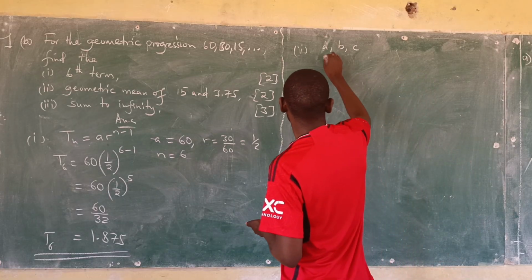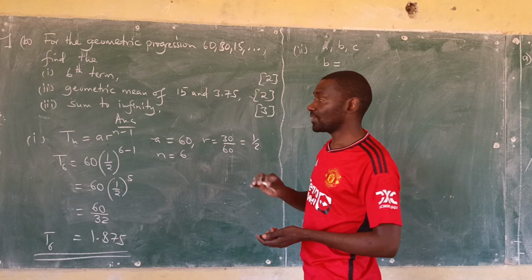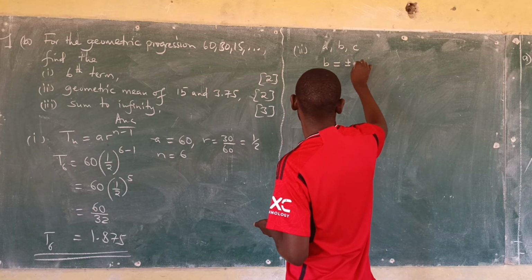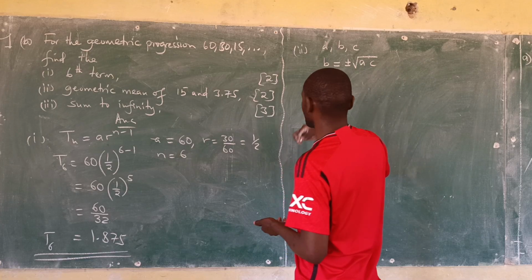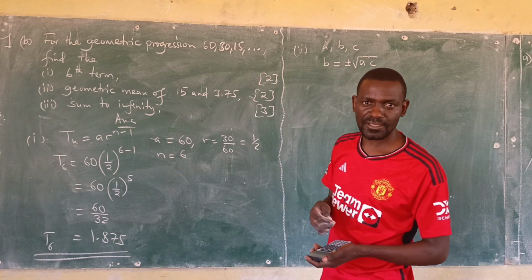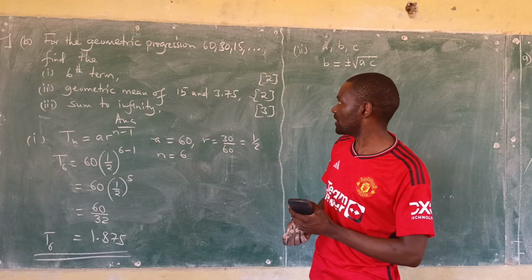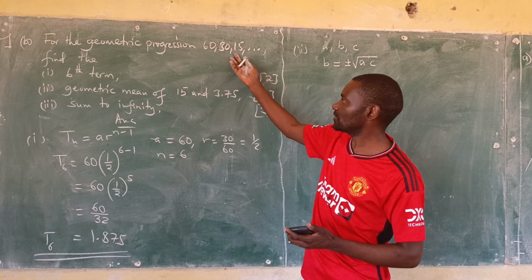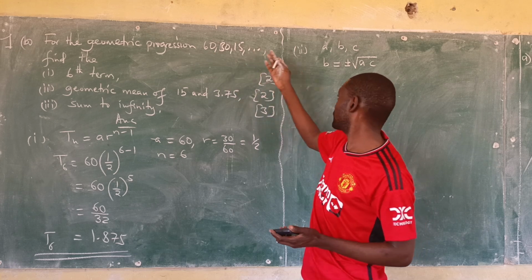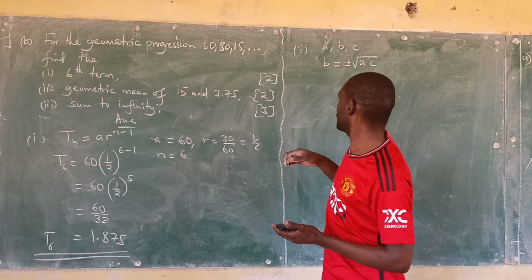So in this case, we'll say B is equal to, by the way, the formula has plus or minus the square root of A times C. That is the formula, but it depends on how the sequence is. So in this case, if we check it out, you find that they are just positive. So the negative may not matter in what we are doing.